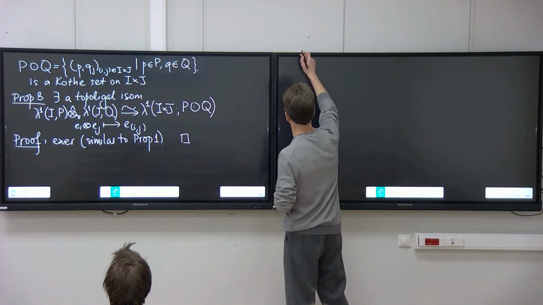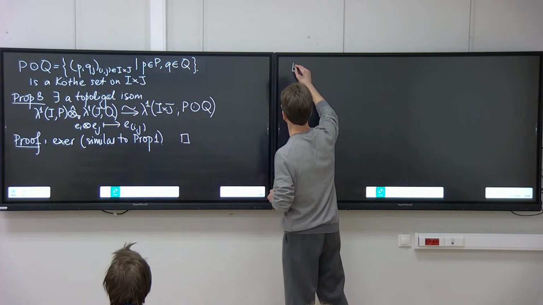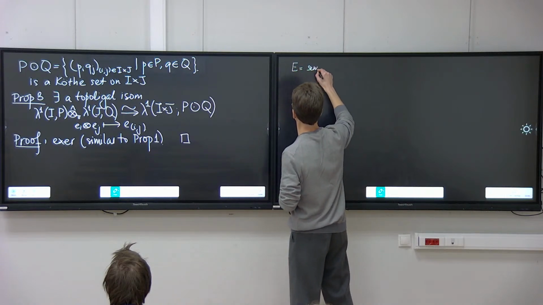Let's start with the following definition. Suppose that E is a semi-normed space.